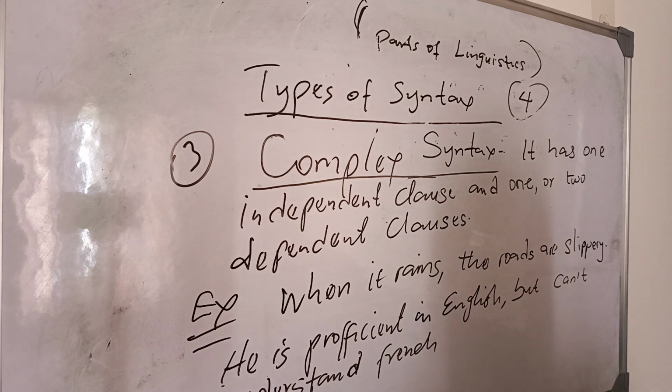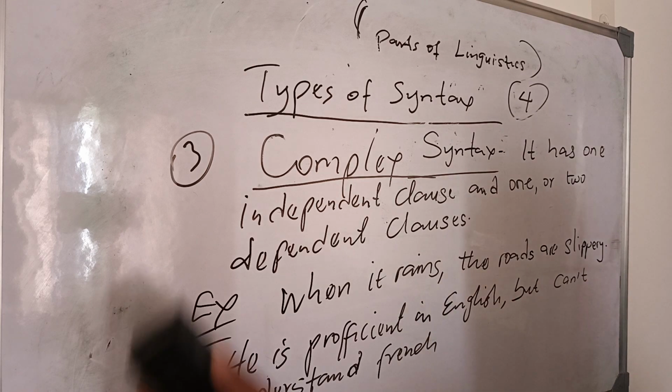It's correct English, but can't understand French. So if you say can't understand French, it's a dependent clause because it does not make a complete sentence. But if you say I cannot understand French, that is a correct statement. So let's take a look at the last one, number four.